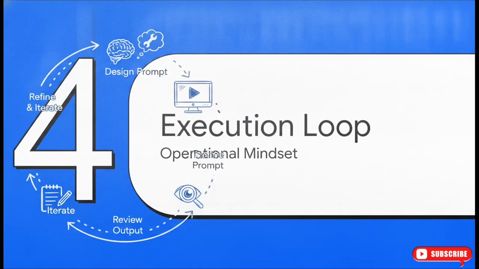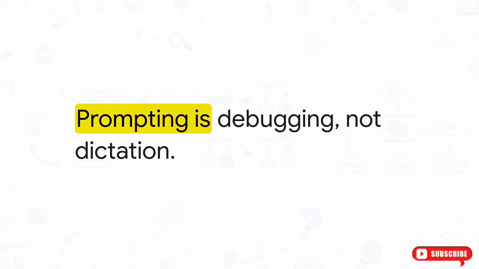Finally, let's look at Section 4, the iterative execution loop. Operational mindset. Knowing all these structural techniques is great, but we really need an operational loop to actually execute and refine these prompts on the fly. To succeed here, you have to shift your mindset. Our source documents make a fantastic, absolutely essential point. Prompting is debugging, not dictation. Just think about that for a second.